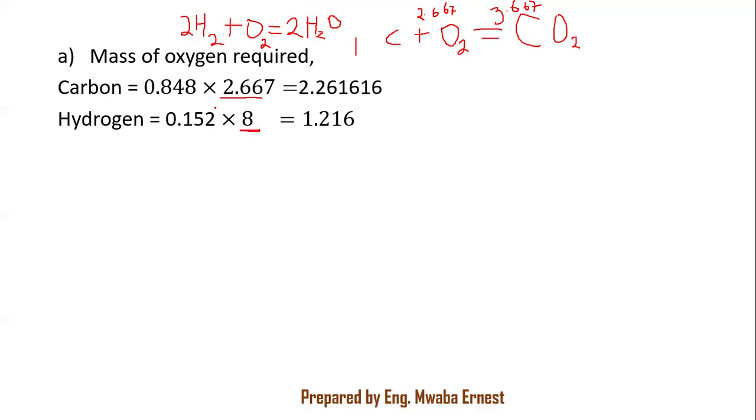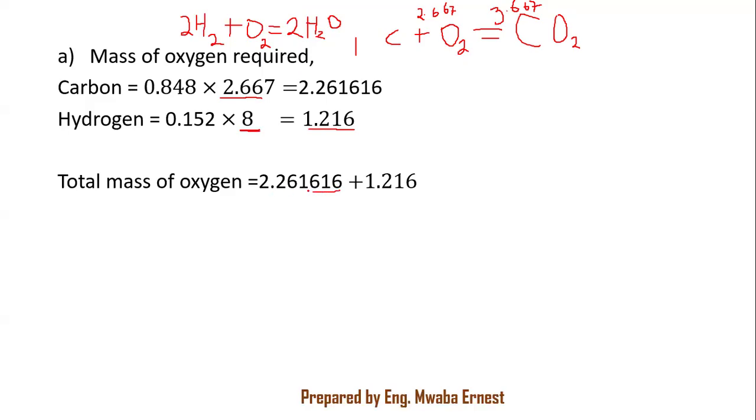Since we're having a different mass, it's not 1 kg. So we multiply that by the 8. 0.152 times 8, we have 1.216. Next, let's add these two. So you have 2.261616.